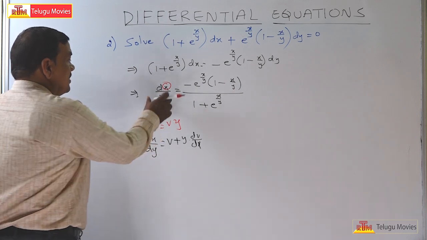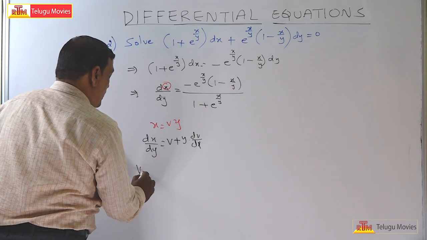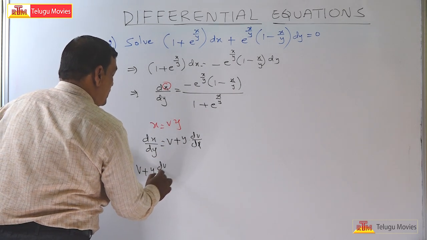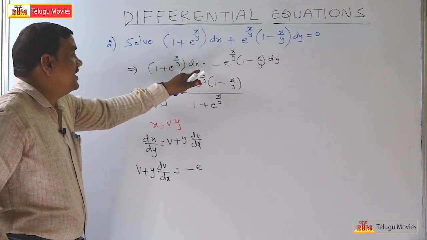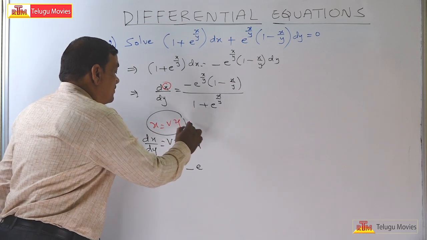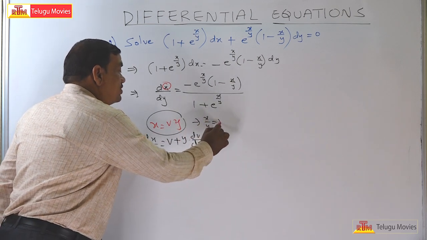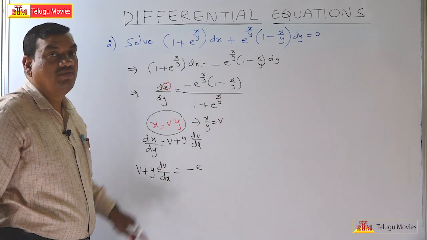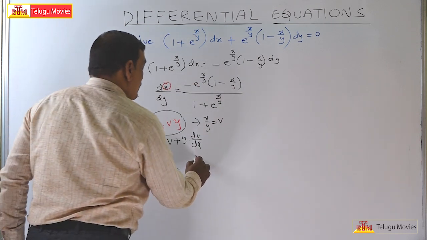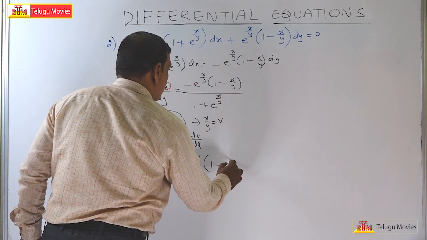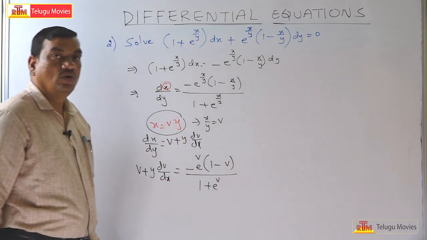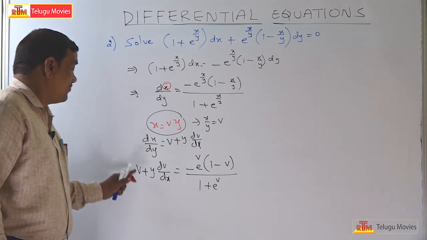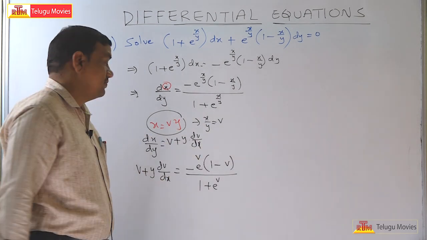What happens? See here, dx by dy is equal to V plus y into dV by dy is equal to minus e power x by y. From this, the x by y value is equal to how much? V. The x by y value is V. So e power V (minus 1 minus V) by (1 plus e power V). Okay, right. Take V to the right hand side. What happens?